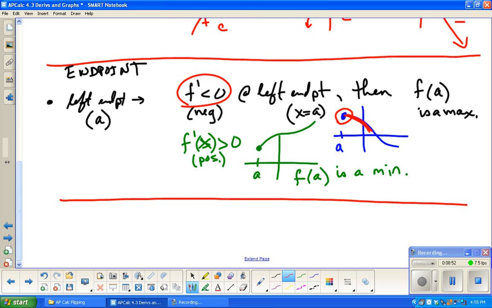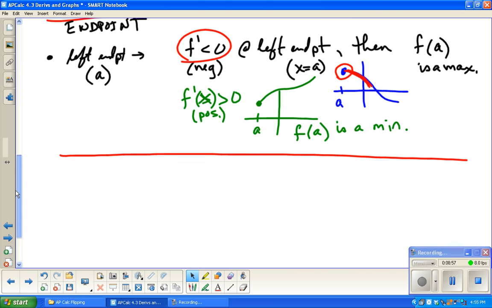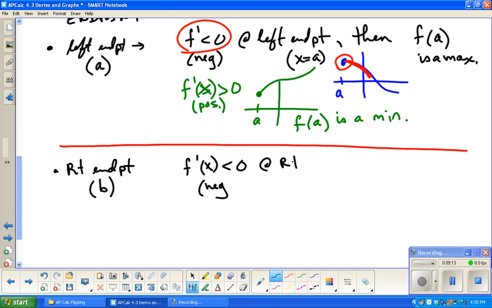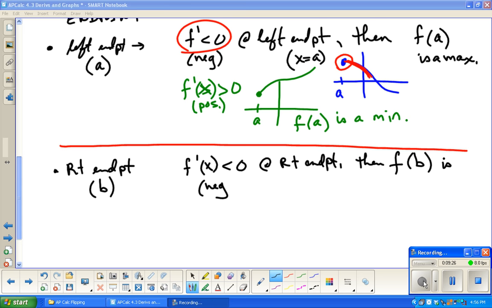Now, the last thing I have to say about the first derivative test is closely related to this. It's just the other end. We're going to talk about the right endpoint, B. If f prime of x is less than 0, in other words negative, at the right endpoint, then f of B, that y value, is a minimum.